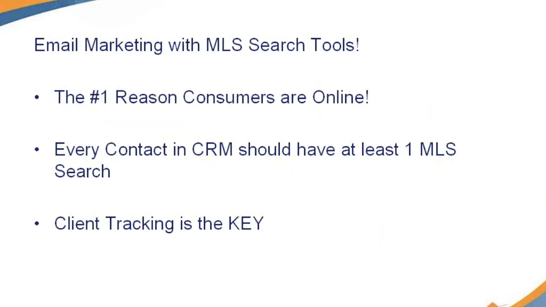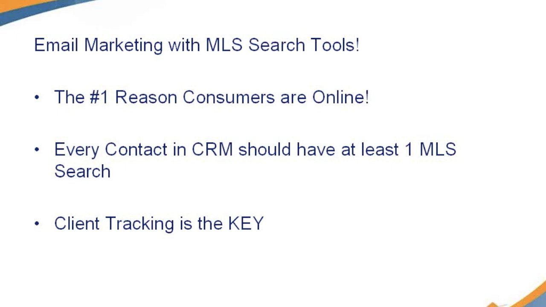So when it comes to marketing online, the number one reason consumers are online is property listings, far and above any other reason. As it relates to real estate, of course, people go online for all kinds of things in their lives.